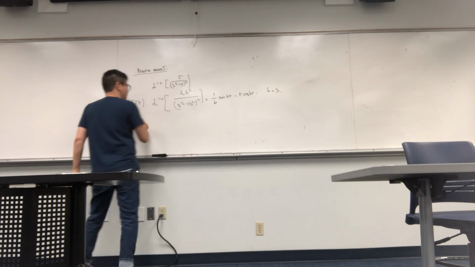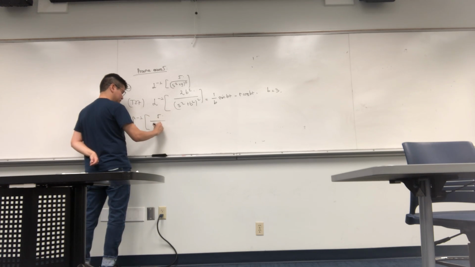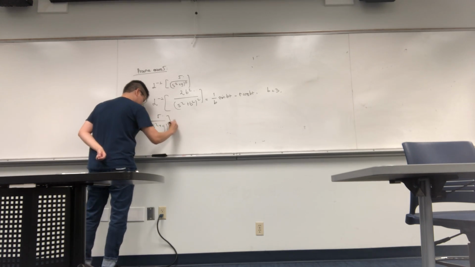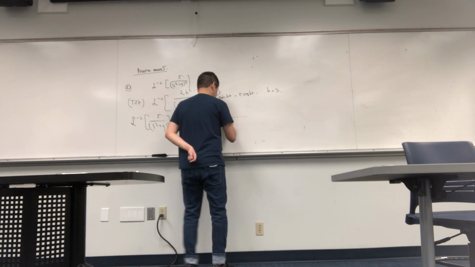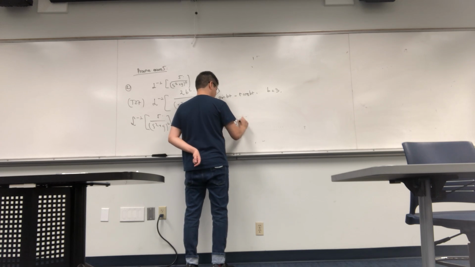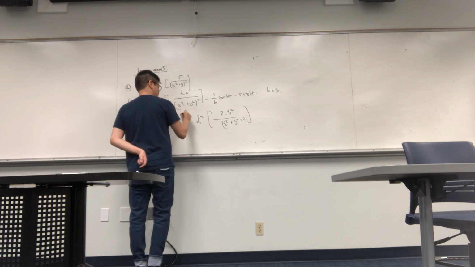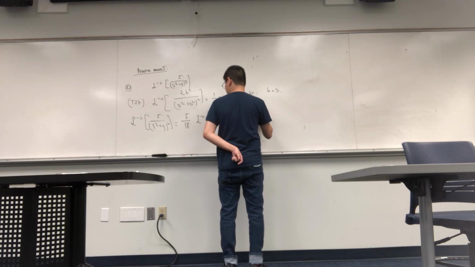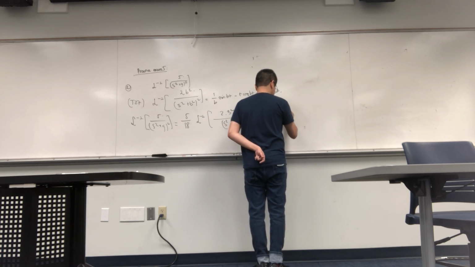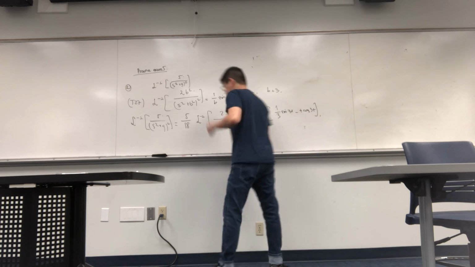So then the inverse Laplace transform of 5 over (s squared plus 9) squared will be the inverse Laplace transform of 2 times 3 squared over (s squared plus 3 squared) squared, and then you have to divide by 18, and this gives you 5 over 18 times (1 over 3 sine 3t minus t cosine 3t). And that's it, right?